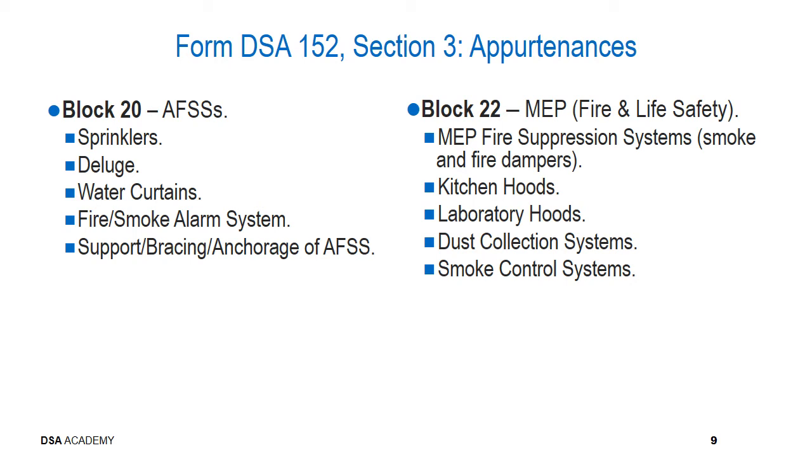Block 22 for mechanical, electrical, and plumbing associated with fire and life safety elements, for such the fire suppression systems, smoke fire dampers, kitchen exhaust hoods, laboratory hoods, dust collection systems, and smoke control systems.